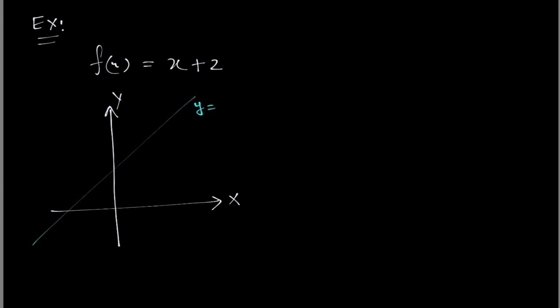Now I draw a horizontal line parallel to the x-axis. The horizontal line cuts y equal to x plus 2 only once. Then I can say f of x is a one-one function.